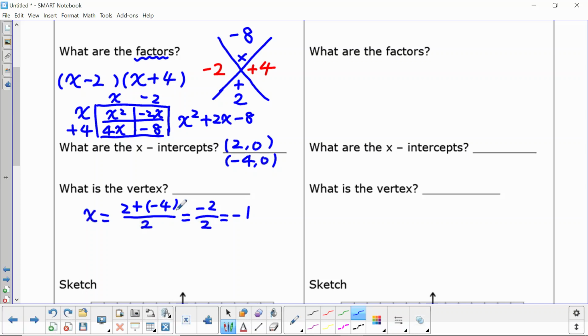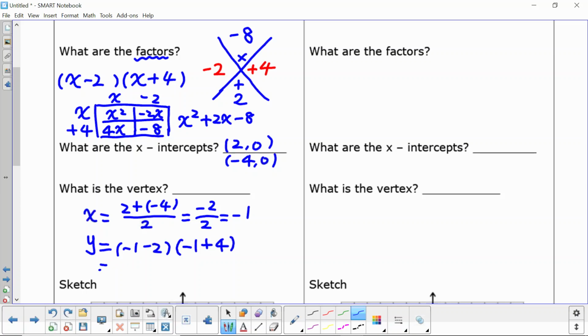You have this x value of the vertex, and you find the y value of the vertex by substituting negative 1 into the factored form. Negative 1 minus 2 times negative 1 plus 4.